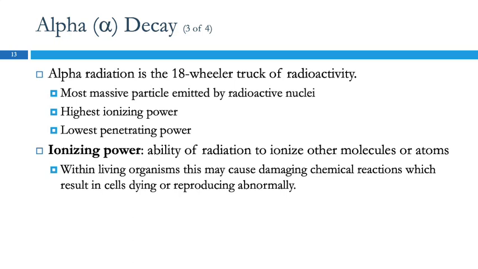Ionization is bad because in a living organism, it'll disrupt the chemical reactions that are causing the life to keep going, right? Because an ion is not going to undergo the same chemical reactions as a molecule. So ionizing power is dangerous to living organisms.